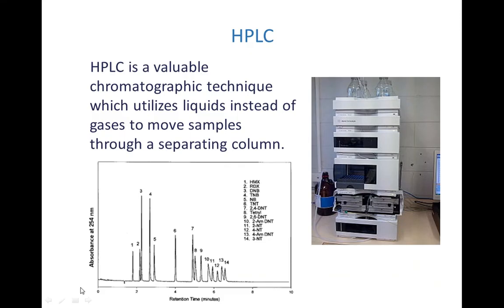An HPLC might also be used in the analysis of the explosive debris. This would have to be where the explosive residue is actually extracted and then injected into the HPLC. If you remember, this instrument uses liquids instead of gases to move that sample through the separating column.